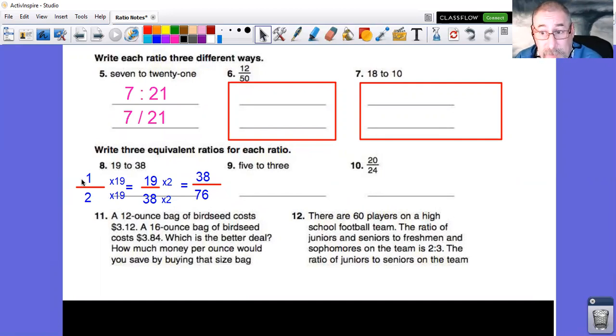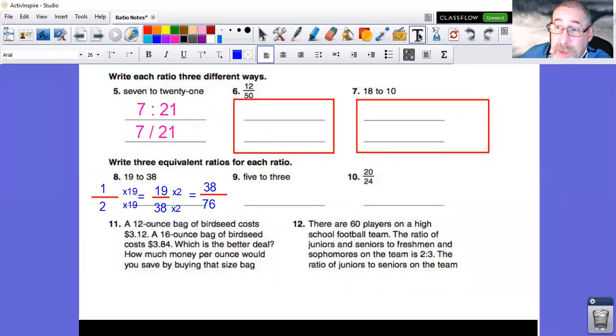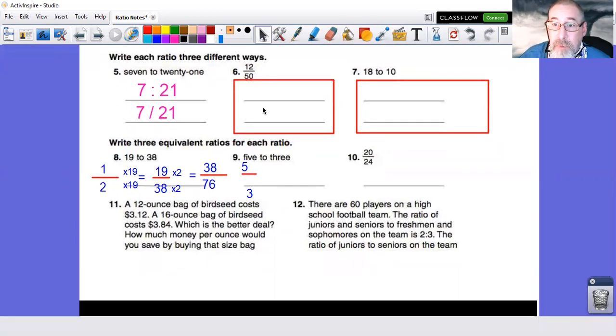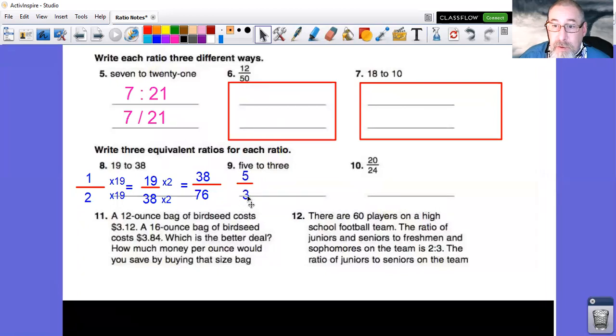So number 9, 5 and 3 are prime. So we can't make that any smaller. We cannot simplify that any further. But we can multiply these numbers.